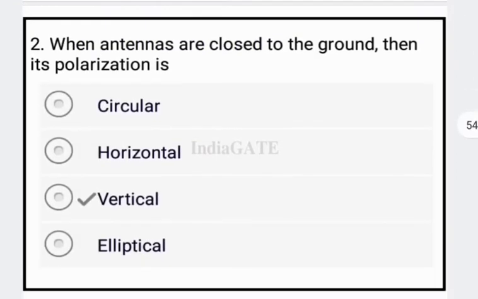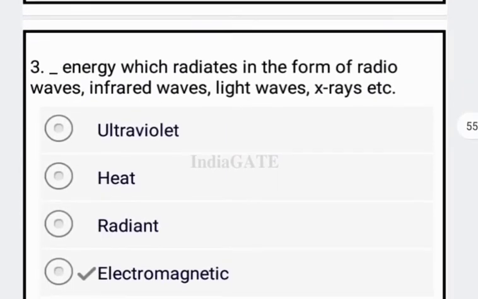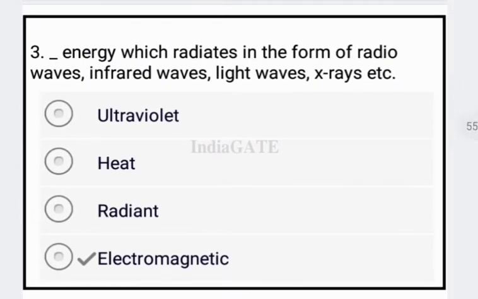When an antenna is close to the ground, then its polarization is vertical. So option C is your correct answer. Next question. Dash energy which radiates in the form of radio waves, infrared waves, light waves and X-rays etc. is called your electromagnetic. So option D is your correct answer.